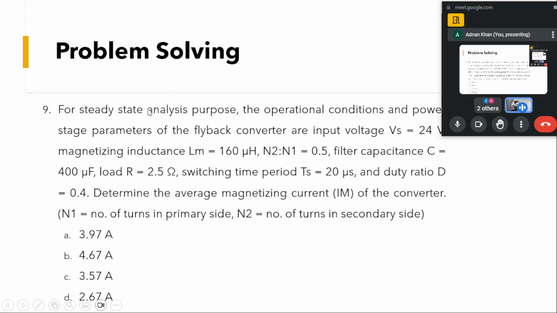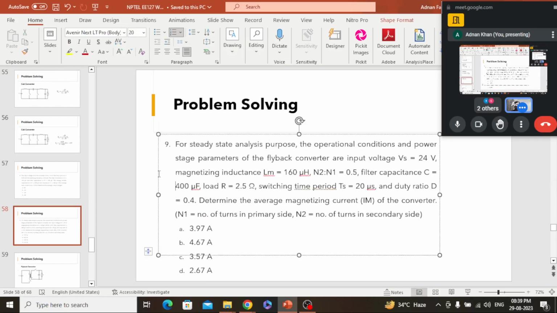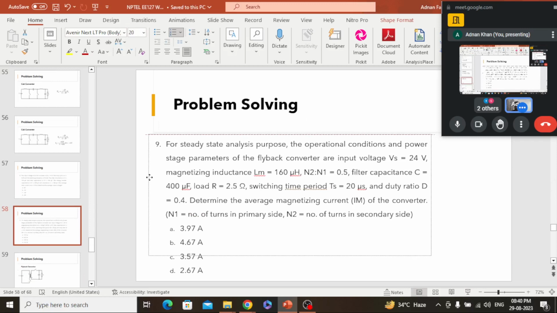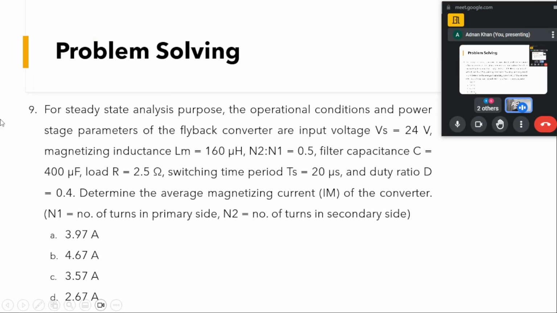Now question number 9 is a good question, good in a sense. This is on the flyback converter. What is given for this steady state analysis purpose, the operational condition and power stage parameters of the flyback converter, are what I have given here.